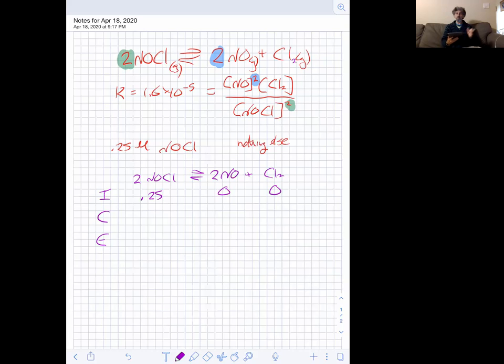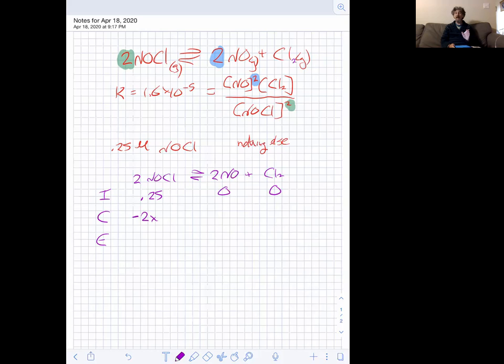Now, an unknown amount of nitrosyl chloride will go bye-bye, and matching amounts of nitric oxide and chlorine will get made. But here's where we still have to take account of those 2's, because if there are 2 nitrosyl chlorides, then 2x is the amount that's going to go away.